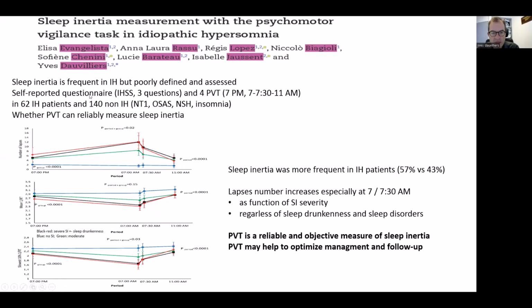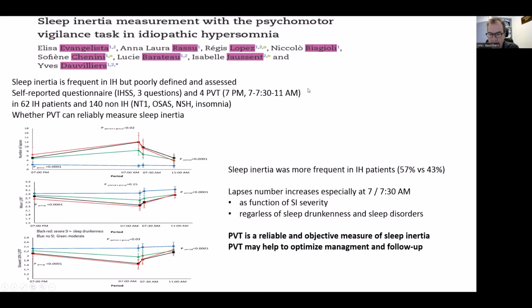So we did the same for sleep inertia, just recently published in Sleep. Sleep inertia, as you know, is a very frequent problem, but poorly defined. So we define sleep inertia and sleep drunkenness based on 3 questions on the ISI about the frequency and the duration.